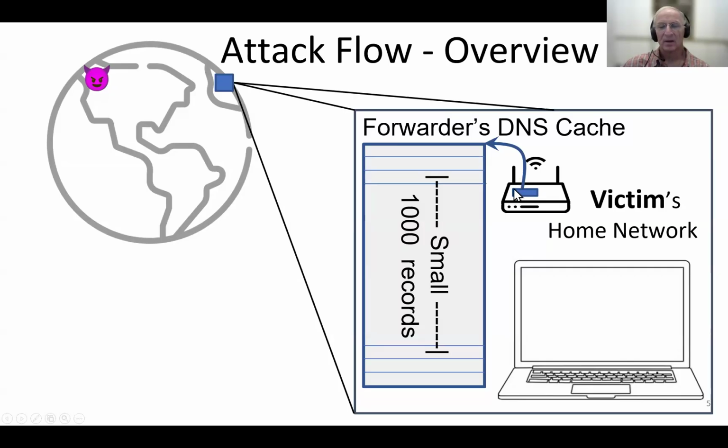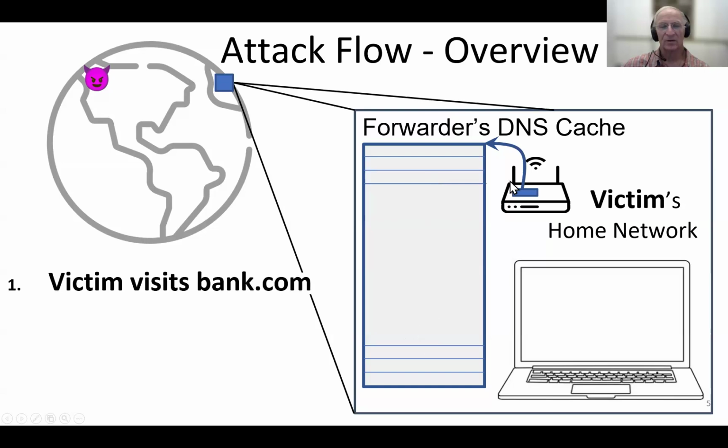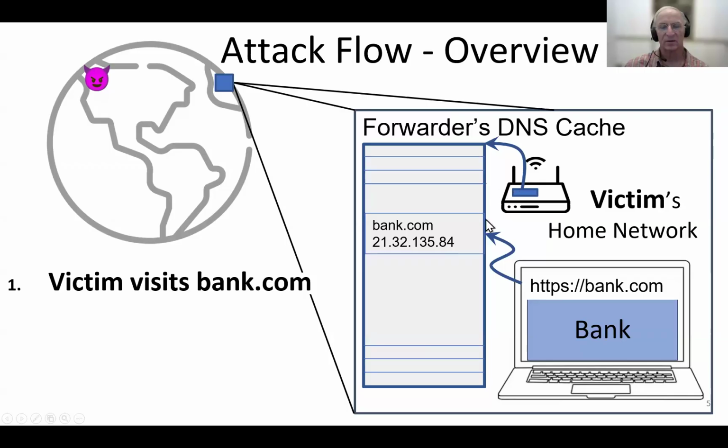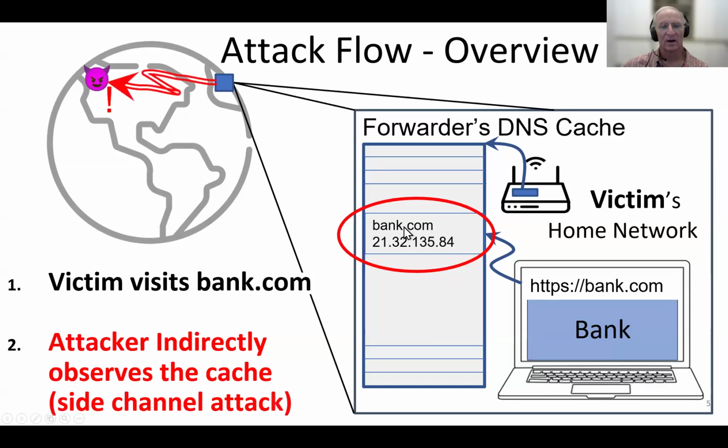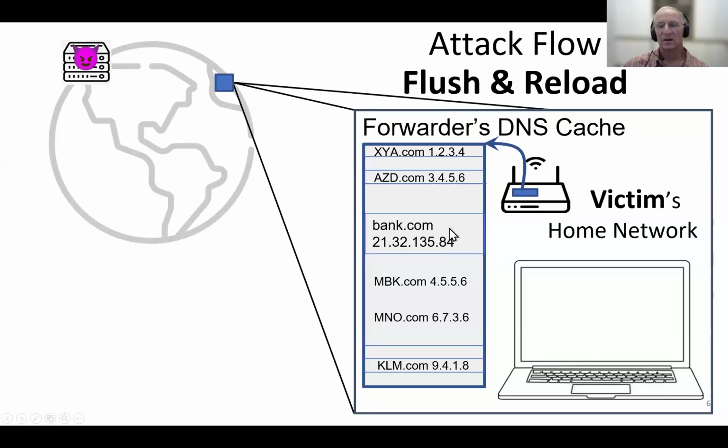And when the user is visiting a particular website of interest, a domain of interest, the attacker notices that the record is in the cache. This is the side channel attack, and the attacker is alerted: we know the victim visited this website because it's now in the cache. Let me see in more detail, dive into how it's actually done.